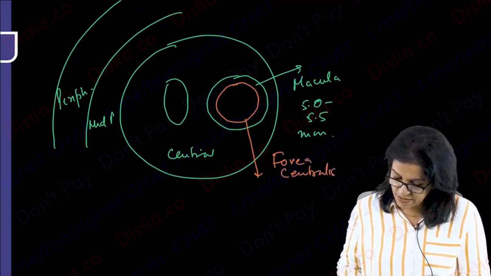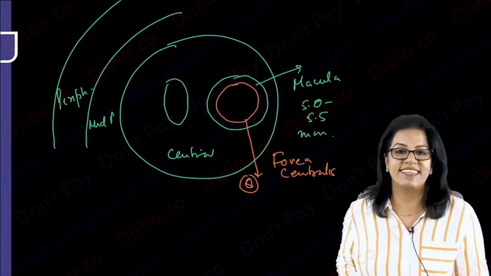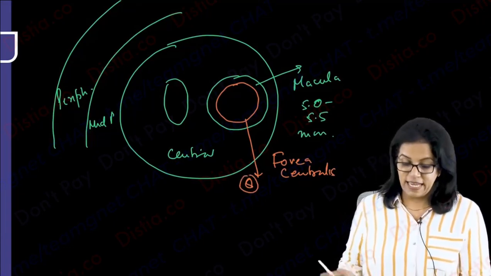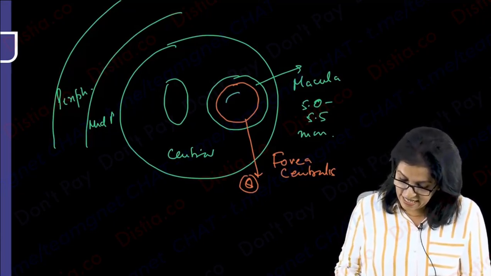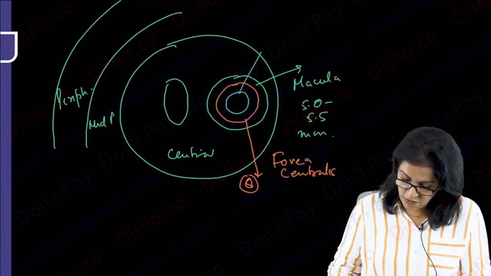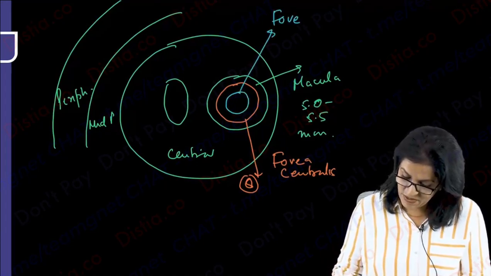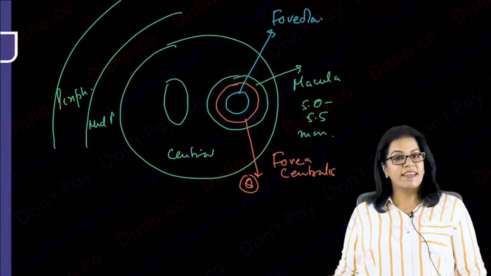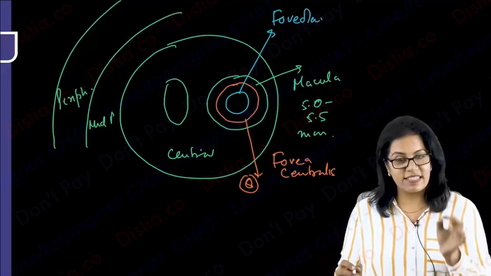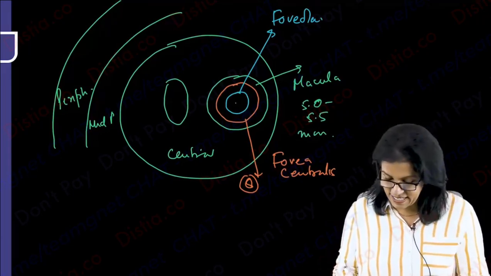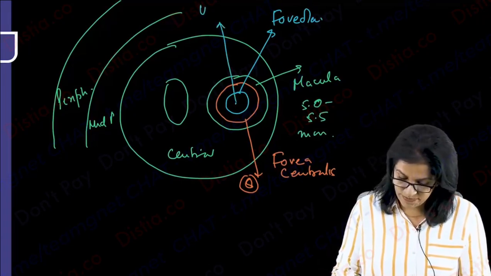Okay, all of you make a Q and write down most sensitive part of the retina. Inside this fovea centralis is another area which is called the foveola. And the very center has a small depression. This is what is called the umbo.